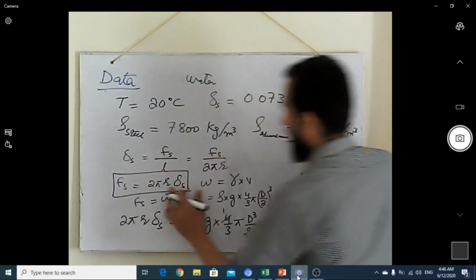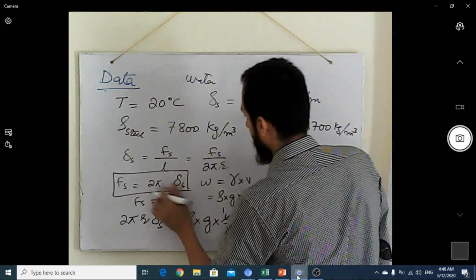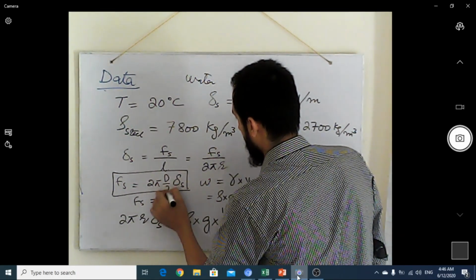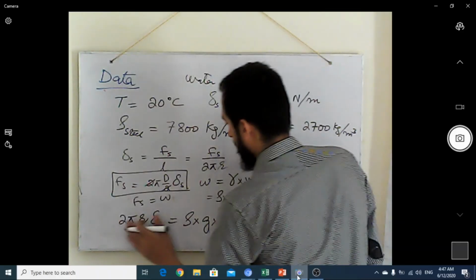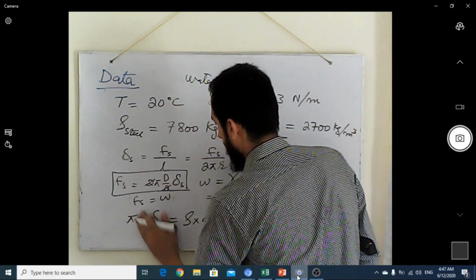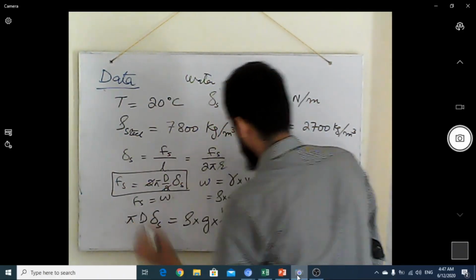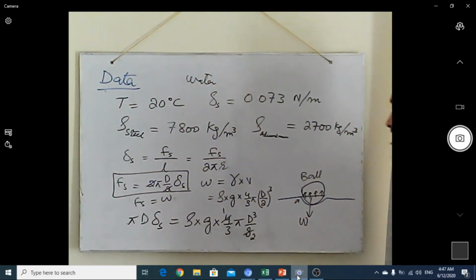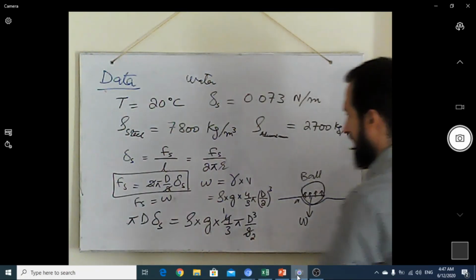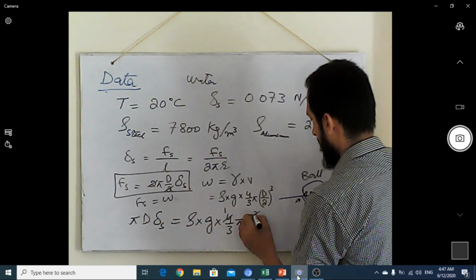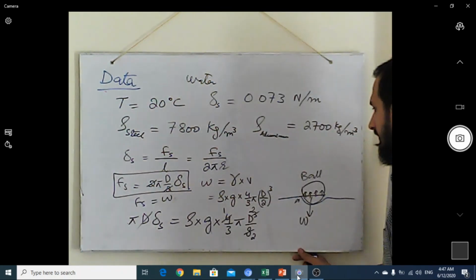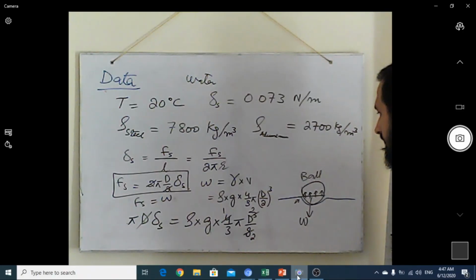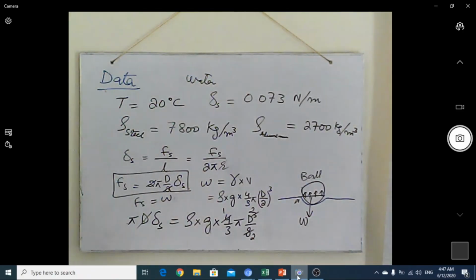I should also reduce this equation in the diameter form. So it will become like pi d. I just wrote here the d, and we come up with a solution. The square will cancel out.